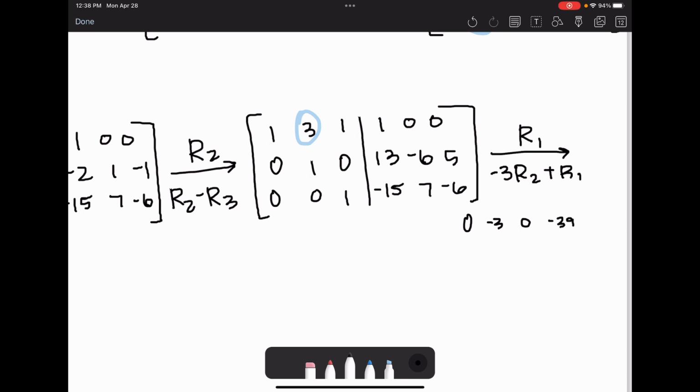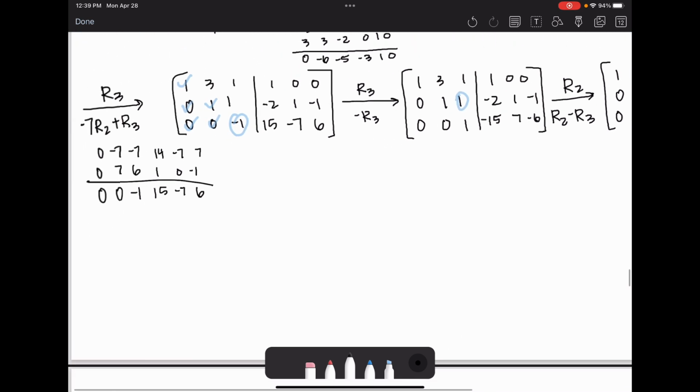It just feels like a really big number for a matrix. -39, positive 18, -15, and we're going to add that to our 1, 3, 1, 1, 0, 0. So that would be 1, 0, 1, -38. That is a really big number, but it's fine. -15. Okay.